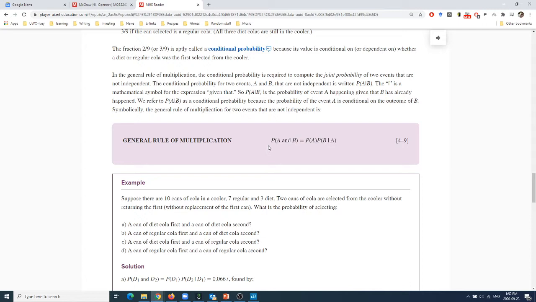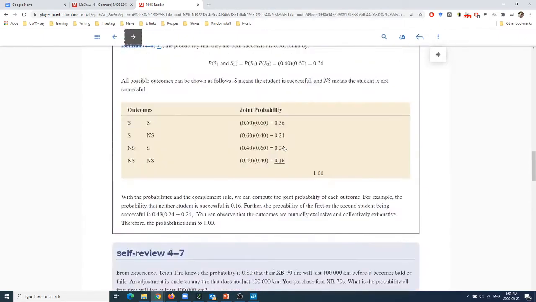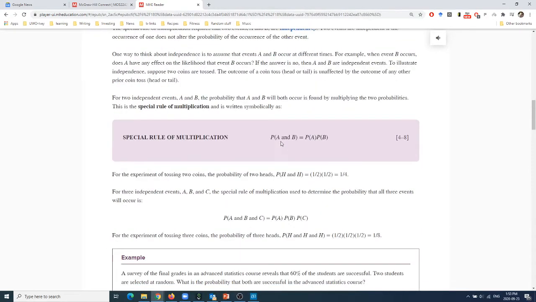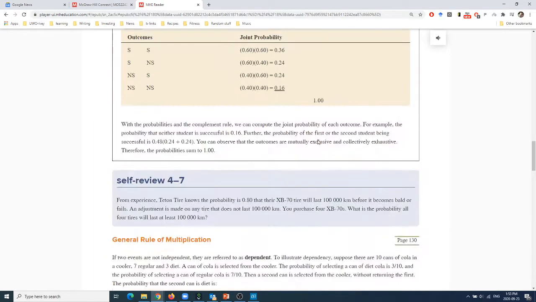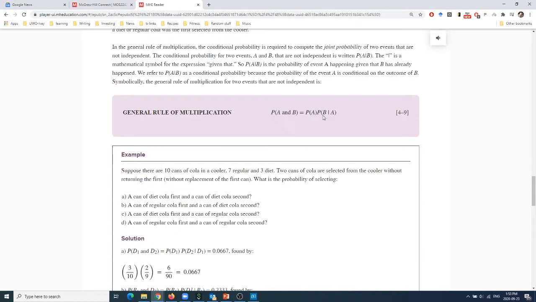This is the general multiplication rule. And when events are independent, this just becomes the probability of A times the probability of B. So when the two events are independent, the special rule of multiplication is simple and straightforward.